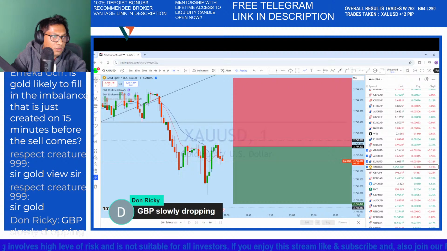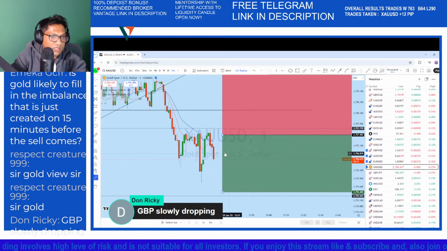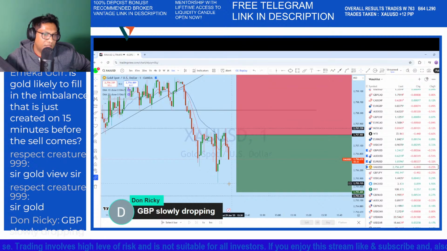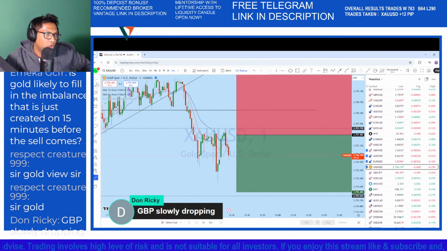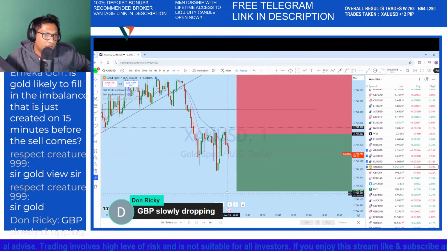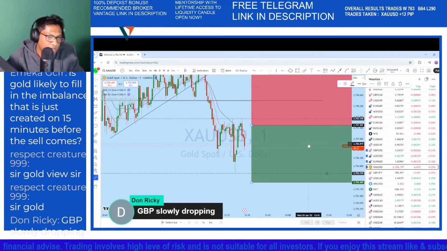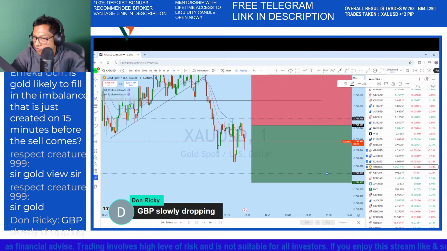At the moment it's melting from that level, and we might see a break of this low. We didn't enter the second trade, but the first trade, if you are running it, I would hold it, but I have taken the TP on this one here.